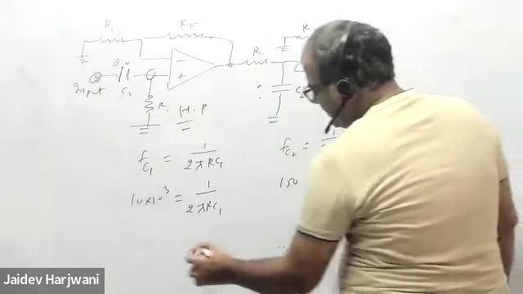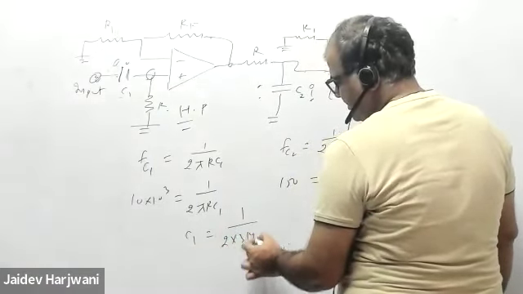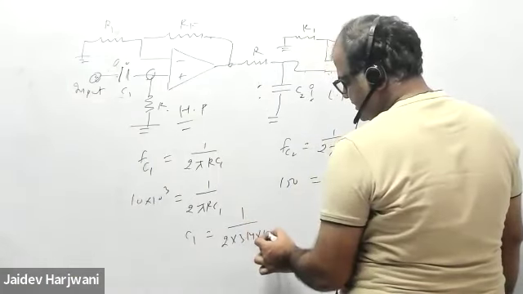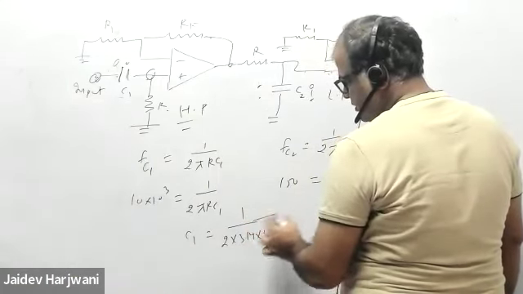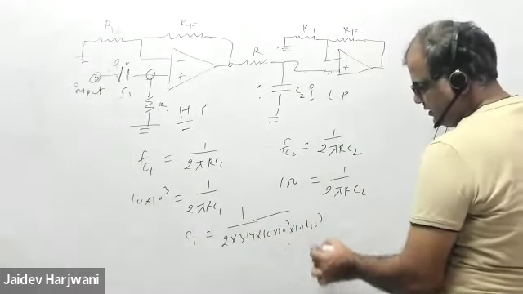So C1 will be 2 into 3.14. R is 10 kilo ohm, and this is also 10 to the power 3.